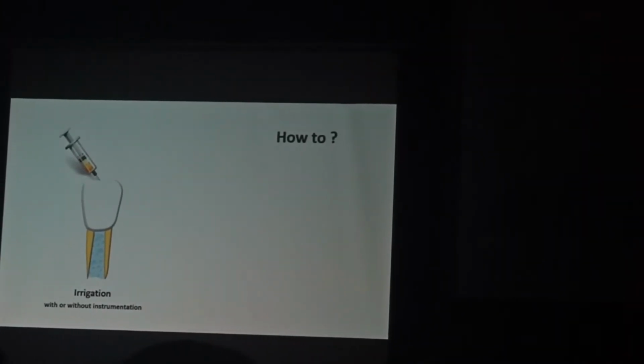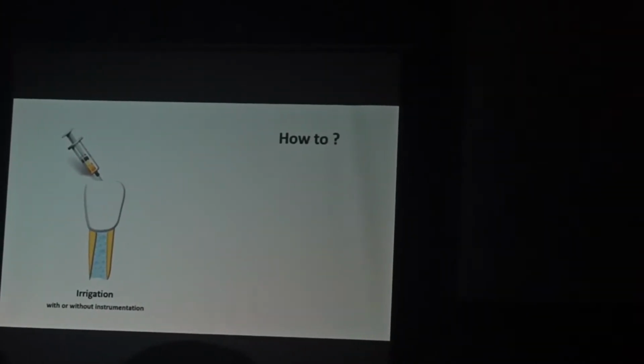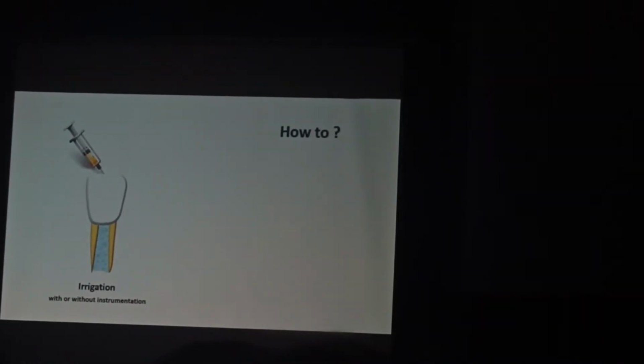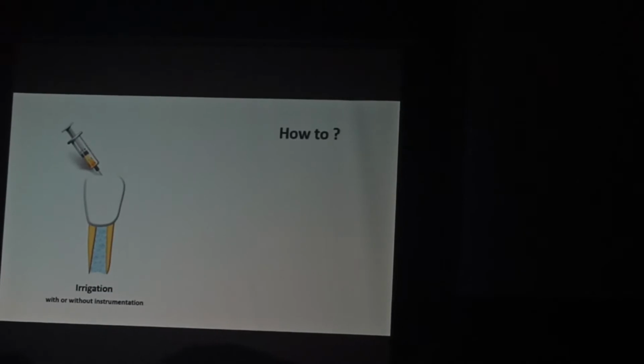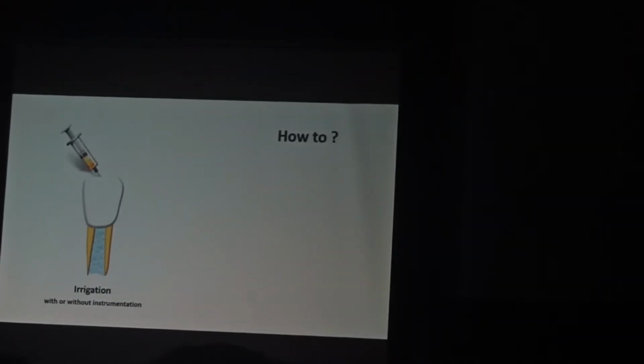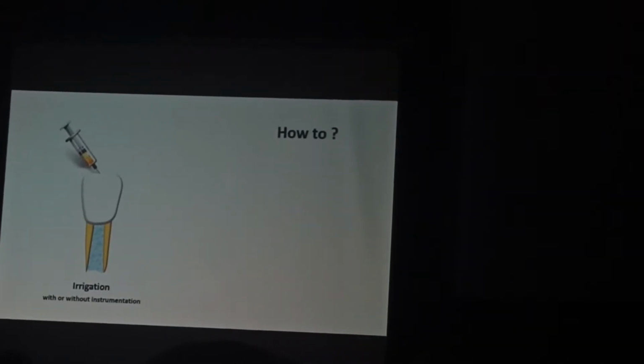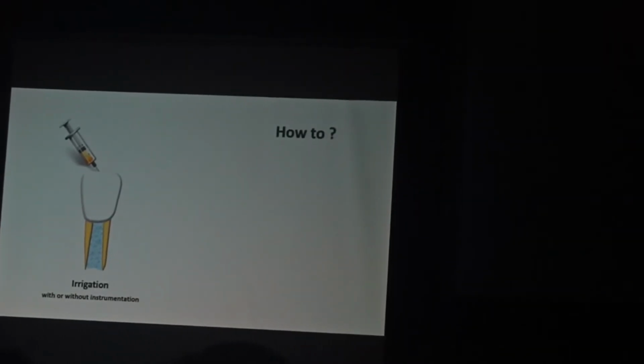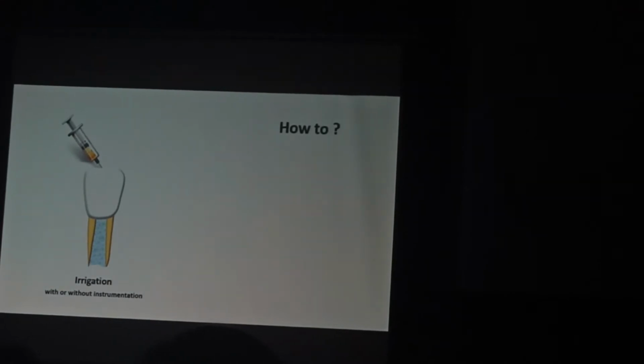In the earlier, first appointment, the tooth should be irrigated with some disinfectant, with or without instrumentation, because the tooth itself is pretty thin. If you have to use a file to clean a lot, the tooth will become thinner and thinner, and we're going to weaken the tooth.